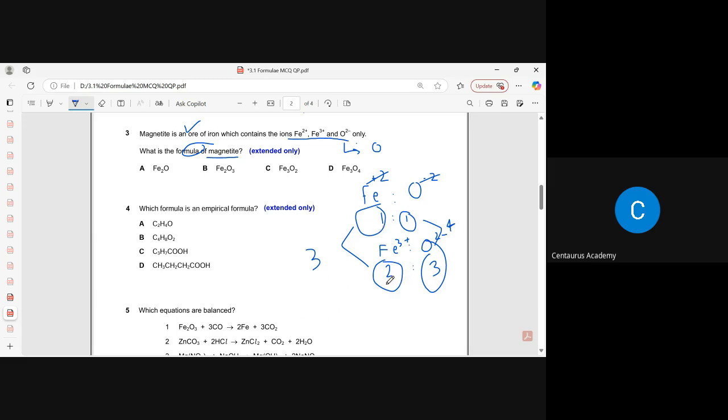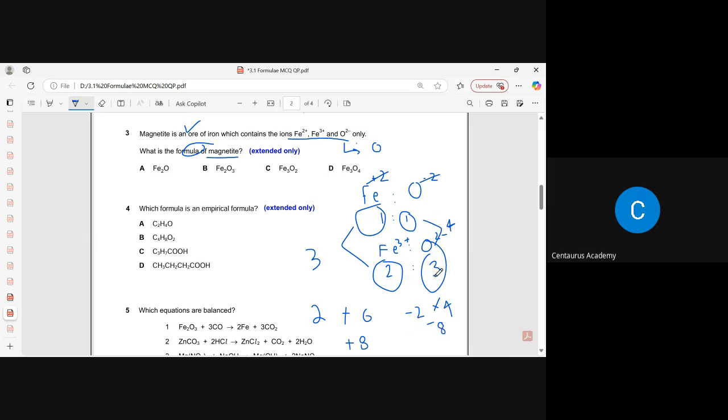In other ways, you can also check their charges. Positive ions: 2 times 1 is 2, 3 times 2 is 6. So our positive charges are +8, since 6 plus 2 is 8. How many negative charges do we have? -2 times 4, which is -8.